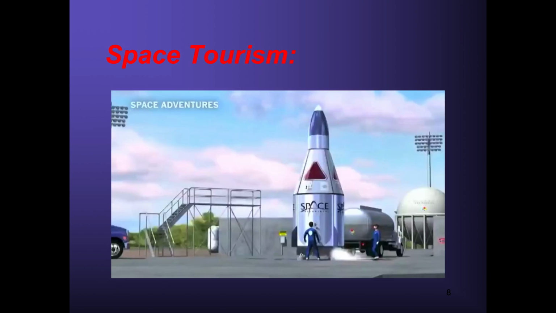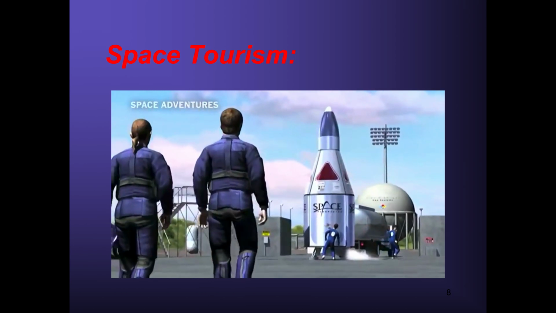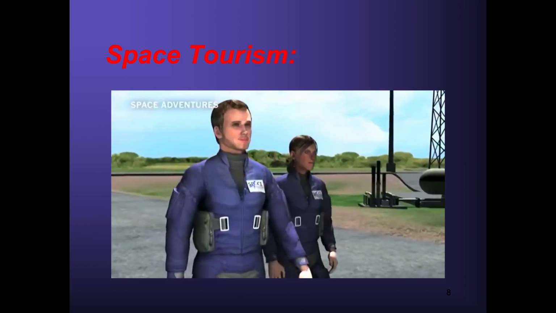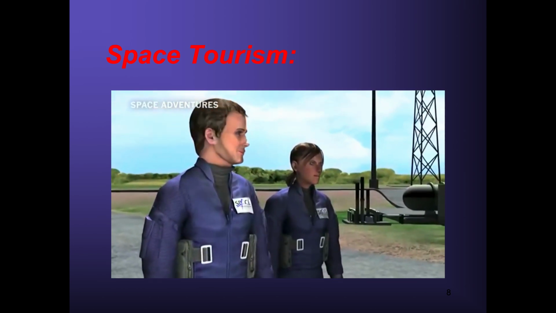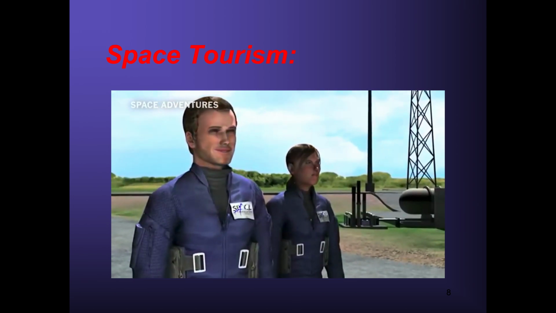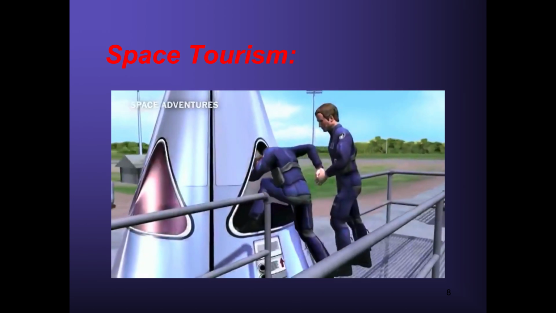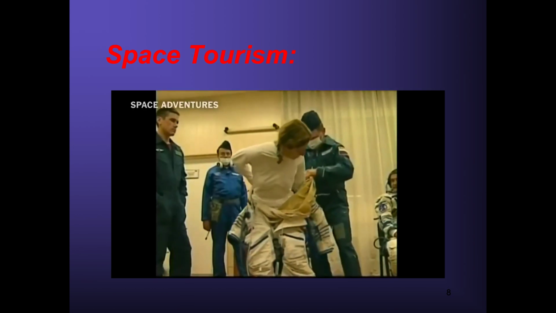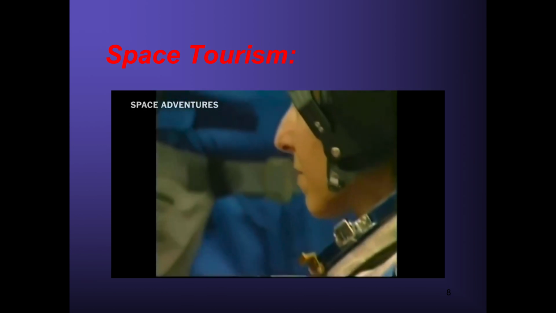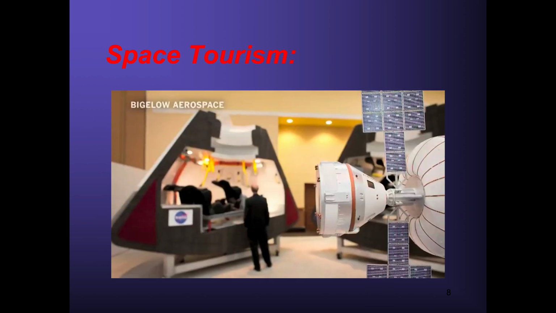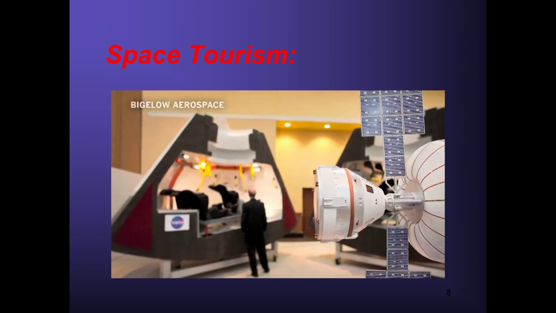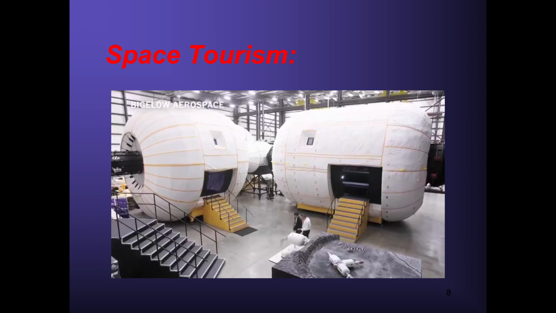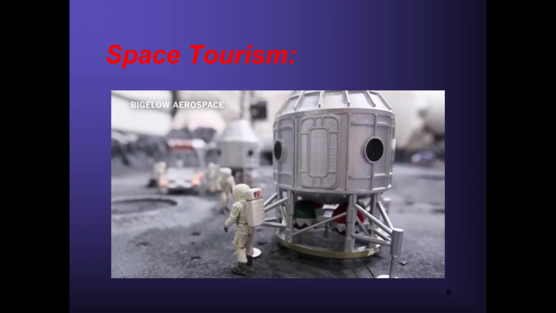into suborbital travel. Virgin Galactic is not the only company that's bought into this new frontier in tourism. Several other companies are also vying to take passengers into suborbital space at a cheaper price than Virgin. At an even higher orbit, Space Adventures in Virginia has already taken people to the International Space Station. And Bigelow Aerospace in Las Vegas wants to be the first to build private stations or habitats for individuals, in case you don't want company.